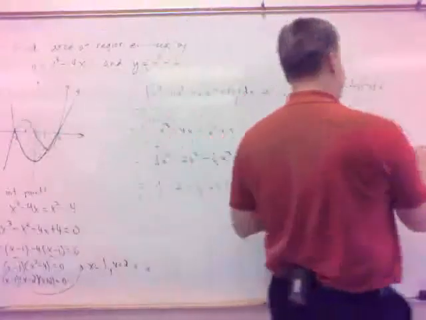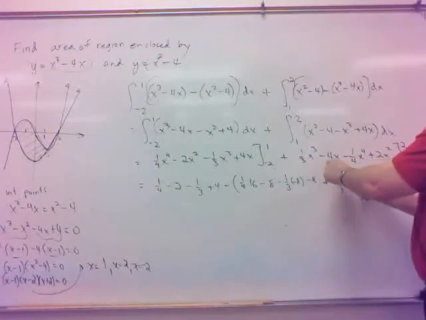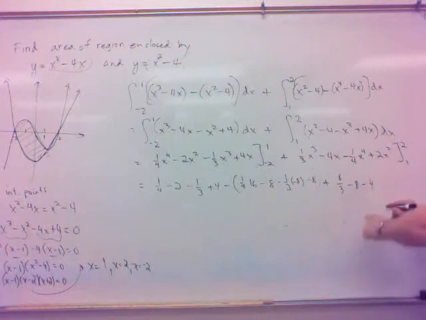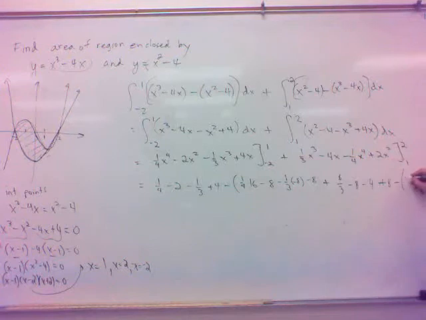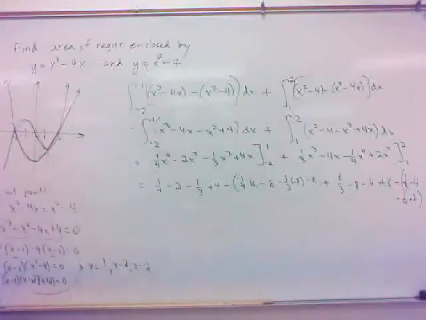Then over here, second part, I have 2, so that'd be 8/3 there. Minus 8. 1/4 of 16, so that'd be minus 4. 2 times 4 is 8. That works out nicely. And then the 1s be 1/3 minus 4. Minus the 4th plus 2. Got them on there. Okay. That's good.